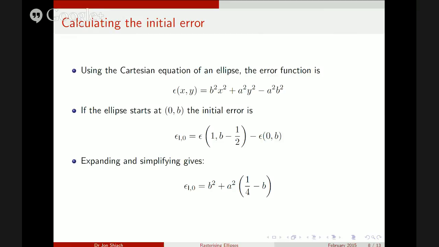Now, like Bresenham's algorithm and the midpoint algorithm, we then need to calculate the change in error. I called it here delta epsilon with subscript single uppercase I, so this is region 1. We're going to have a different change in error for region 2. Whenever you see a subscript I or double I, it means whether you're in region 1 or region 2.